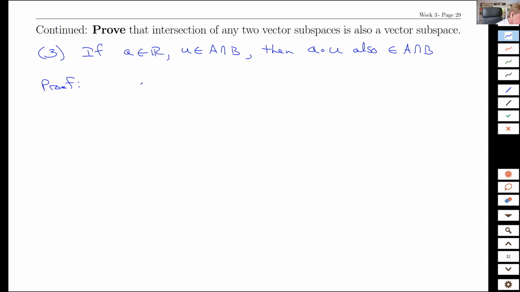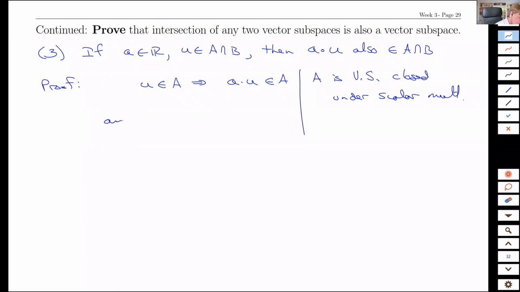So u is an element of A. That means that a times u is also in A. Why? Because A is a vector subspace, is a vector space. And one of the things every vector space guarantees you is that it's closed under scalar multiplication.